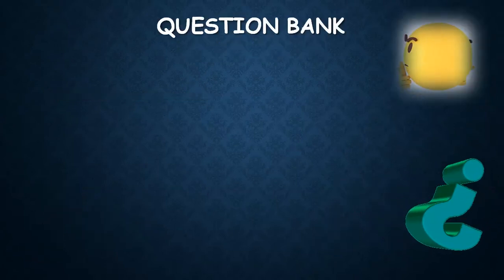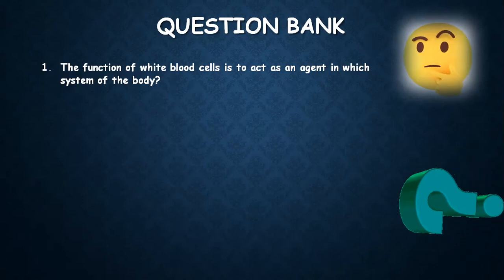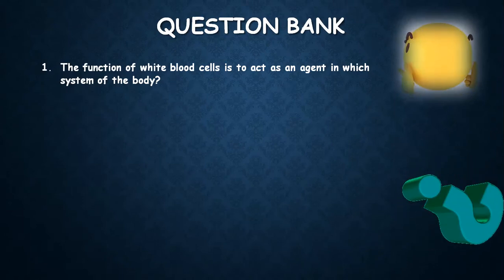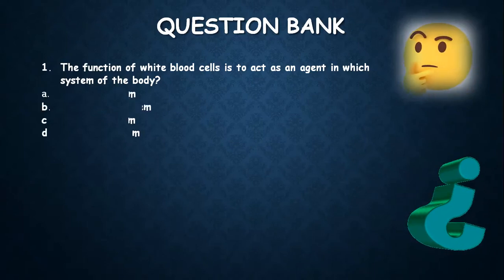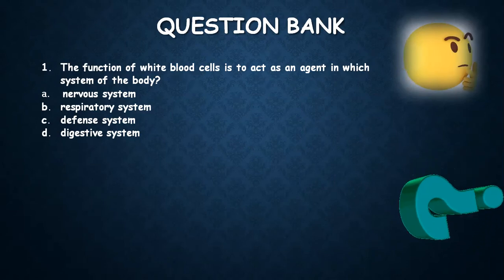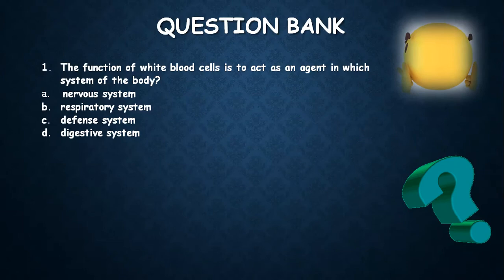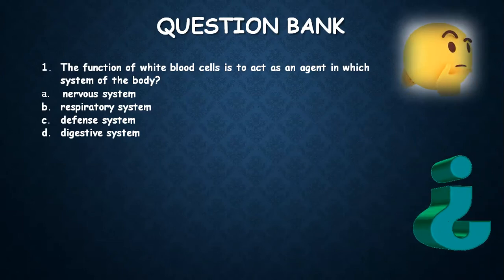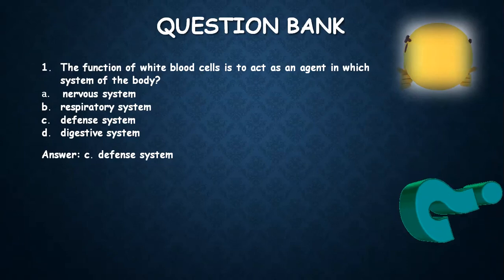Next one is the question bank. First one: the function of white blood cells is to act as an agent in which system of the body? Option A is nervous system, B is respiratory system, C is defense system, and D is digestive system. And the answer is C, which is the defense system.